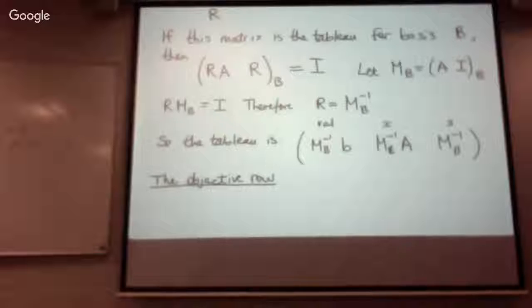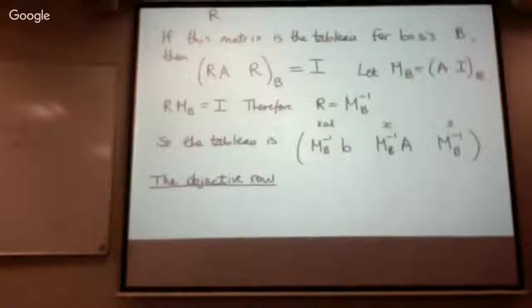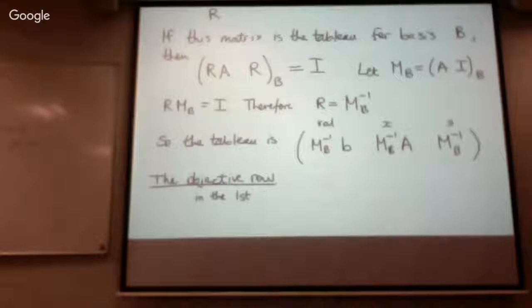Okay, this is a bit of cheating. So what is the objective row in the first tableau? In the val column we have 0.